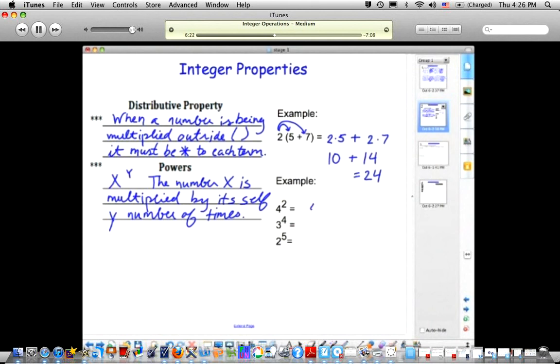You have to multiply the x number as many times as it says in the exponent. So first example, 4 squared is 4 times 4, if there's 2 4s. 3 to the 4th power is 3 times 3 times 3 times 3, and that's because we need 4 3's. And 2 to the 5th power is 2 times 2 times 2 times 2 times 2.